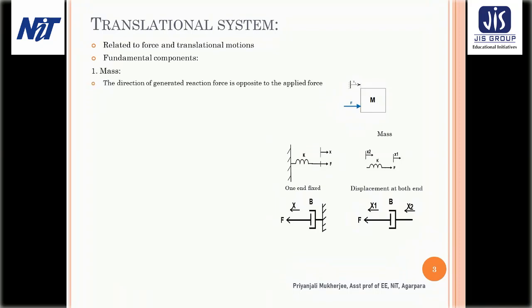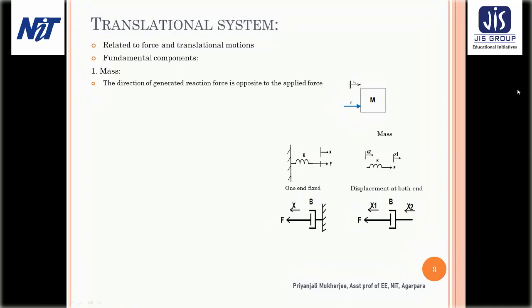The first one is the mass. Mass is a mechanical element and it has some inertia. When a force F is applied to the mass, then the displacement takes place.